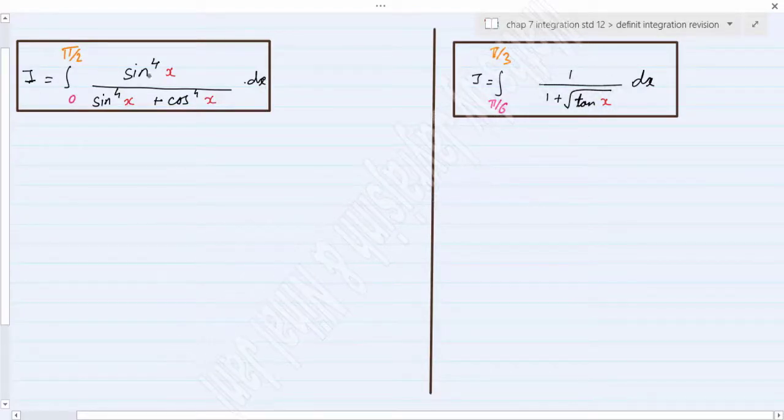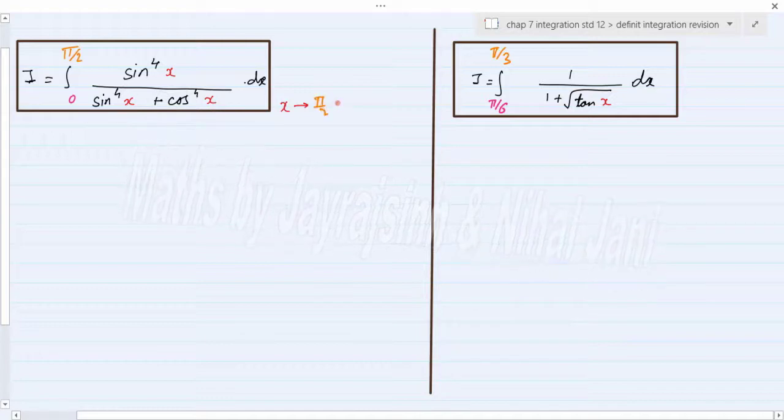In this question, we have to integrate sin x raised to 4 upon sin x raised to 4 plus cos x raised to 4. Limit is from 0 to pi by 2. So let's replace x by the summation of limits, which is pi by 2 plus 0 minus x.